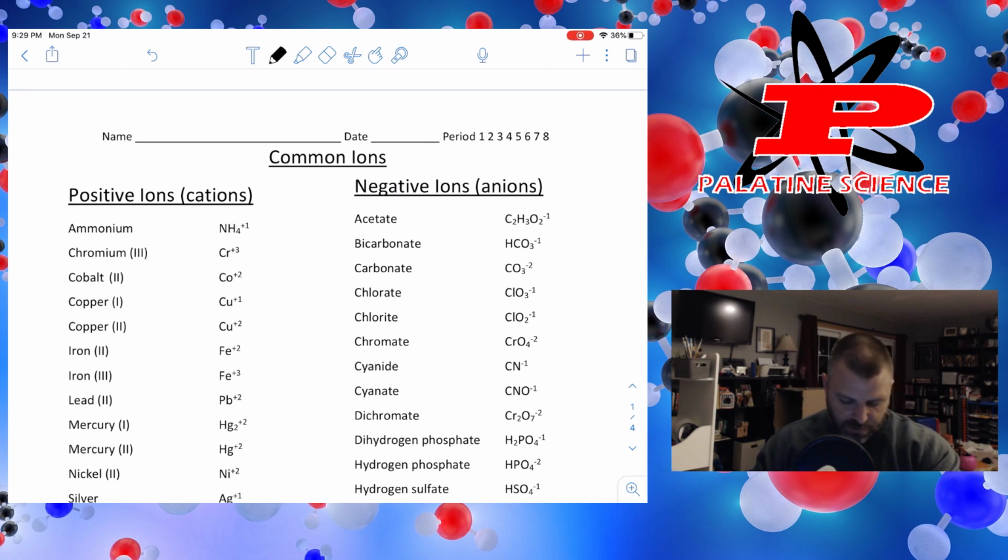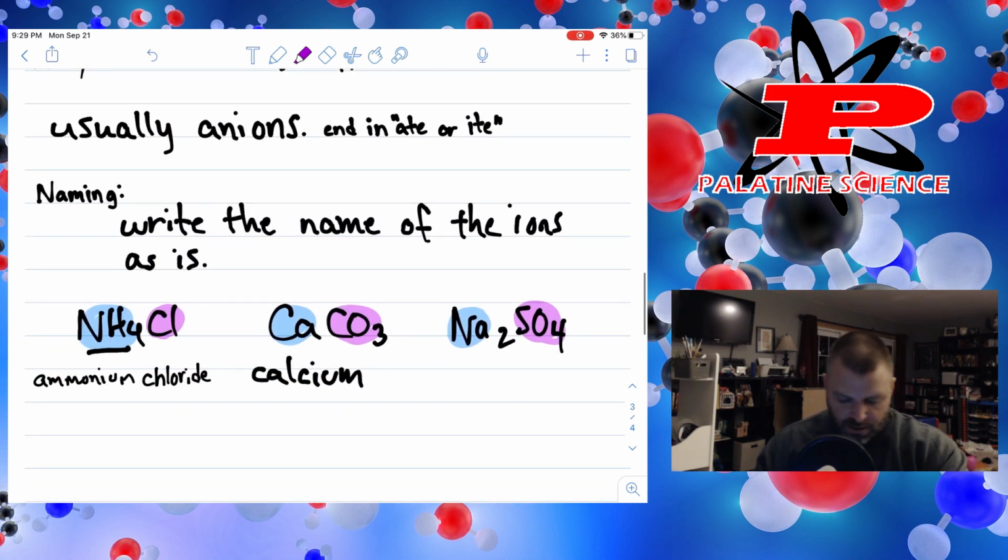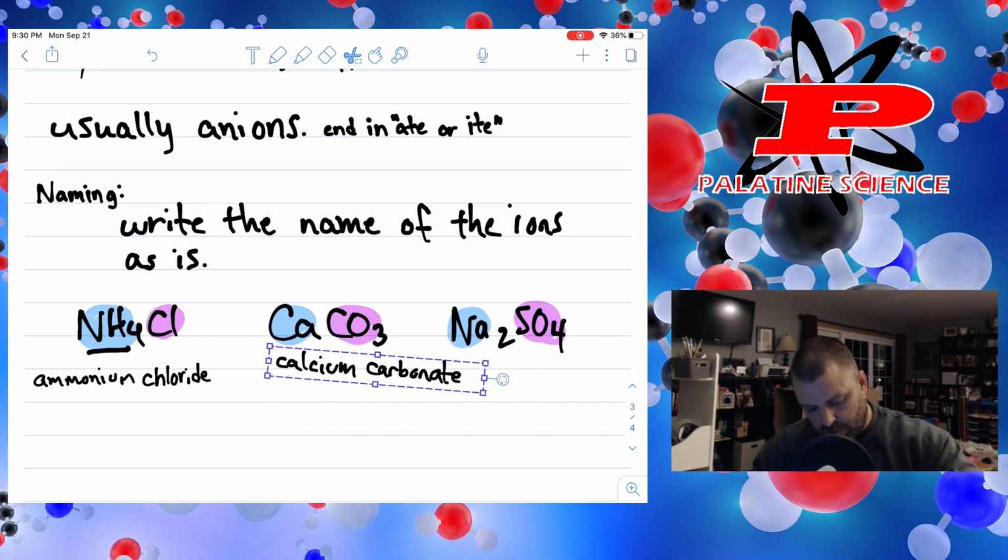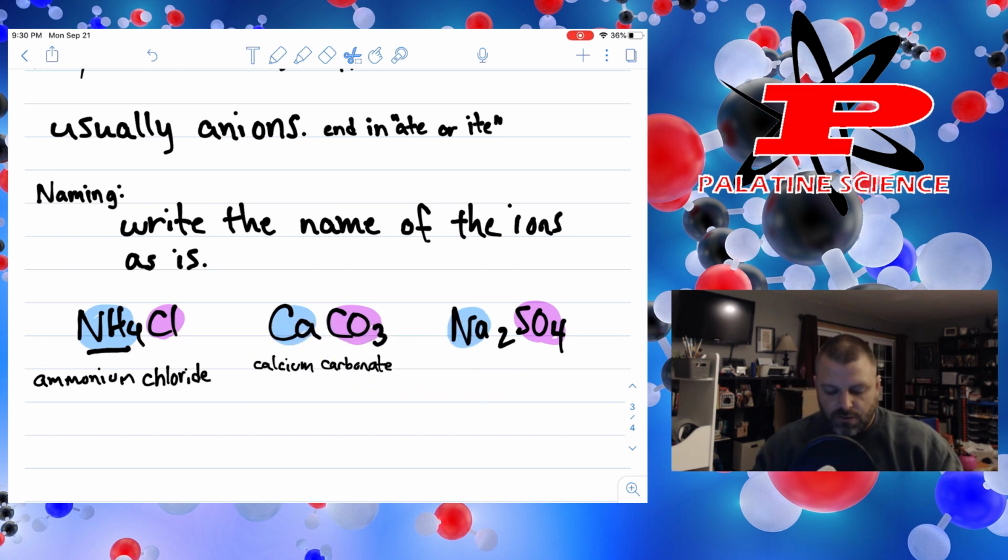They're kind of in alphabetical order by name, which means they are somewhat in alphabetical order by the elements. And over here we have CO3, which matches up with what we have down there, and so that is named carbonate. So we come down to the bottom there, and we name it calcium carbonate. Okay, once again, I'm going to resize it a little bit and put that underneath. So calcium carbonate, all you're doing is naming the ions.